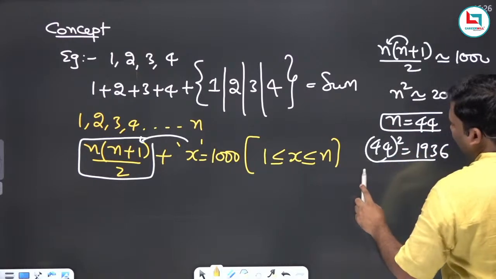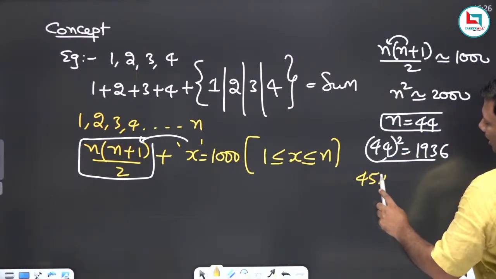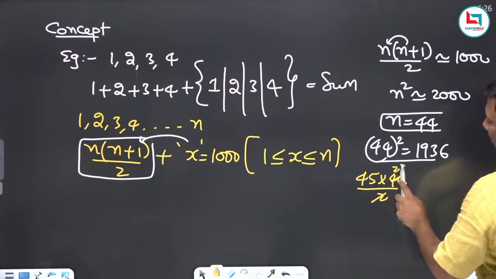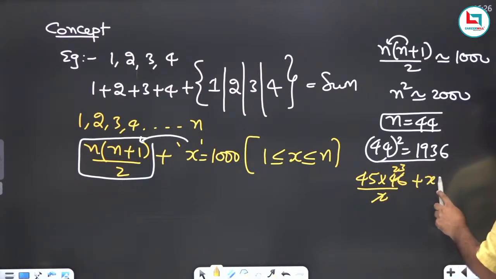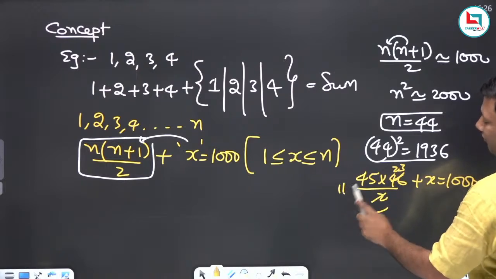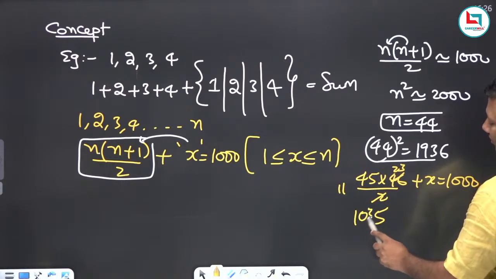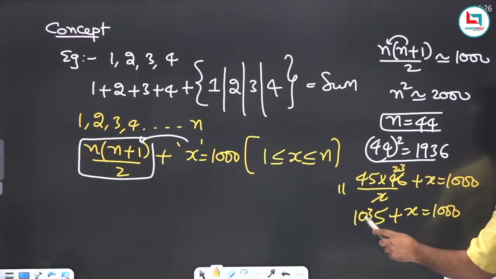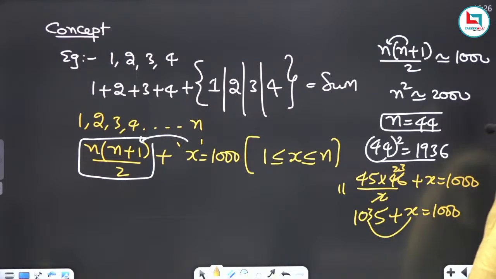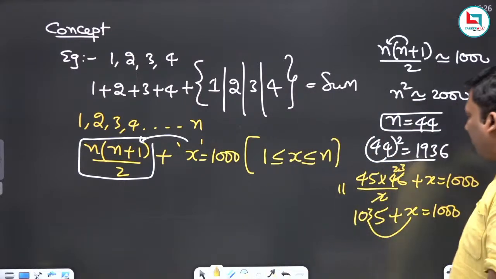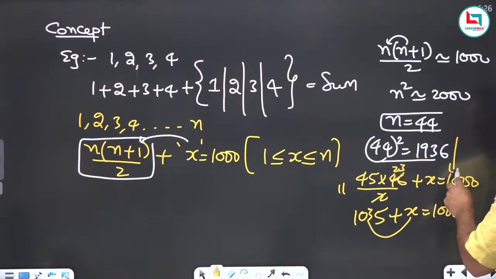So if I take 45 into 46 by 2, 23 fives are 115, 92 plus 11, so 1035 plus x is 1000. If I am adding some value to 1035, it will be greater than 1035. That means n cannot be greater than 44.